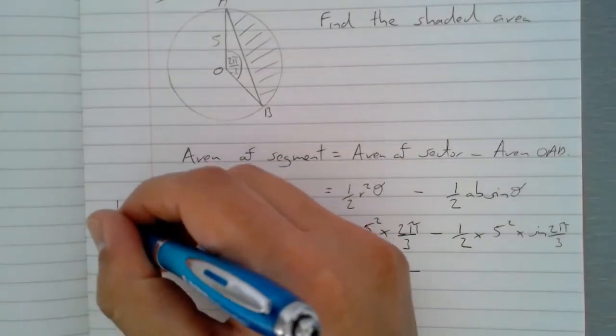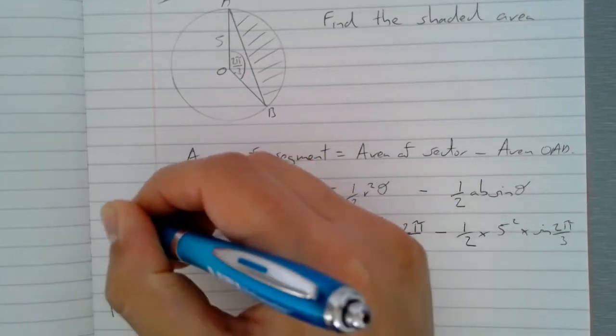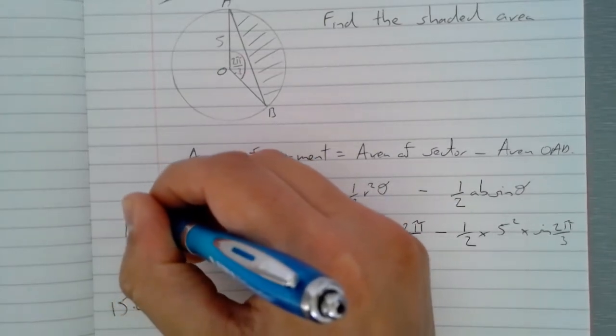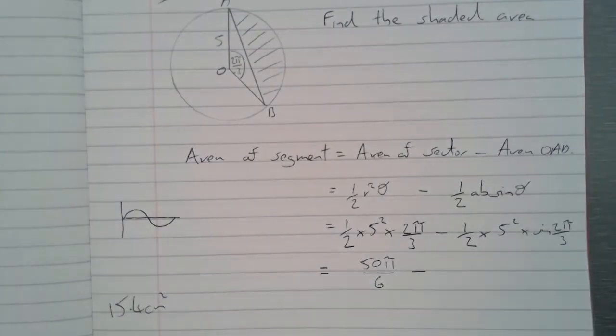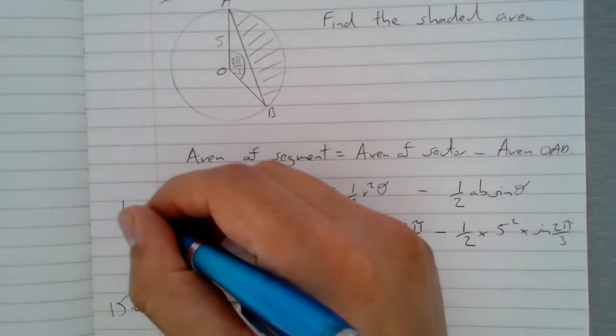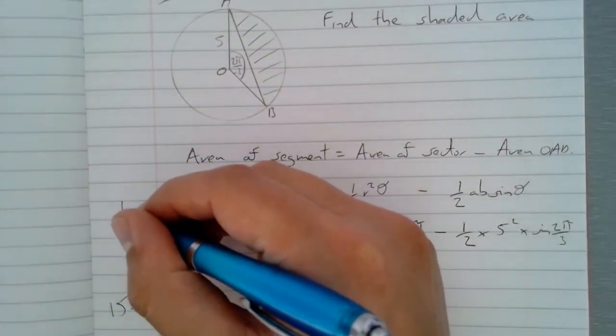If you think about what your sine curve looks like. So thinking about what sine 2 pi over 3 is, if you convert that back into degrees, is 120 degrees. So that would be about here, that's 90.